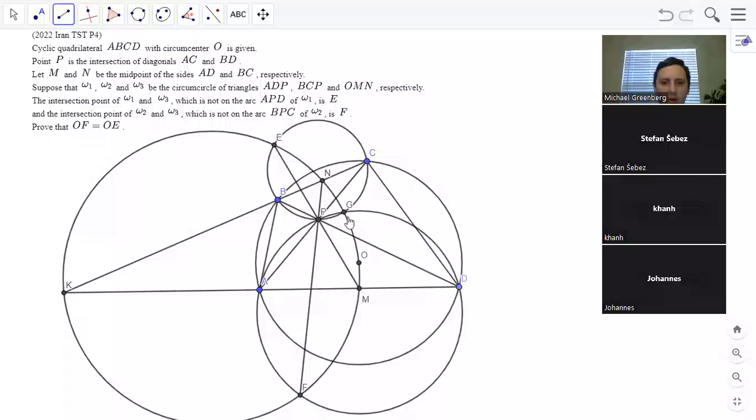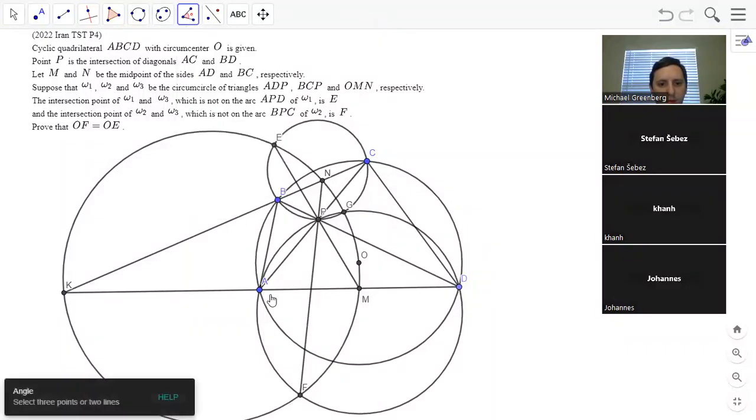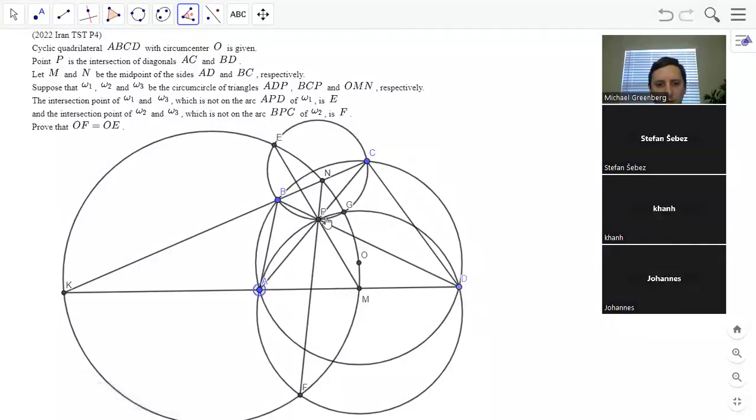I don't think this is a symmedian, is it? PF and PE? Maybe they are symmedians. Yeah, it's a symmedian.